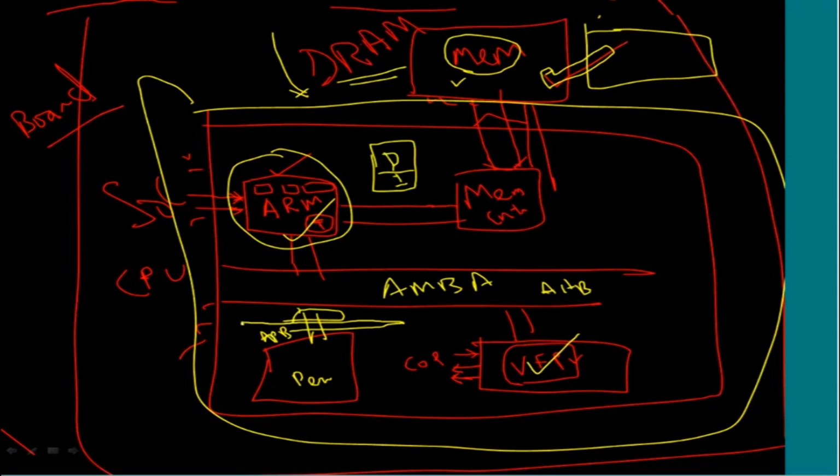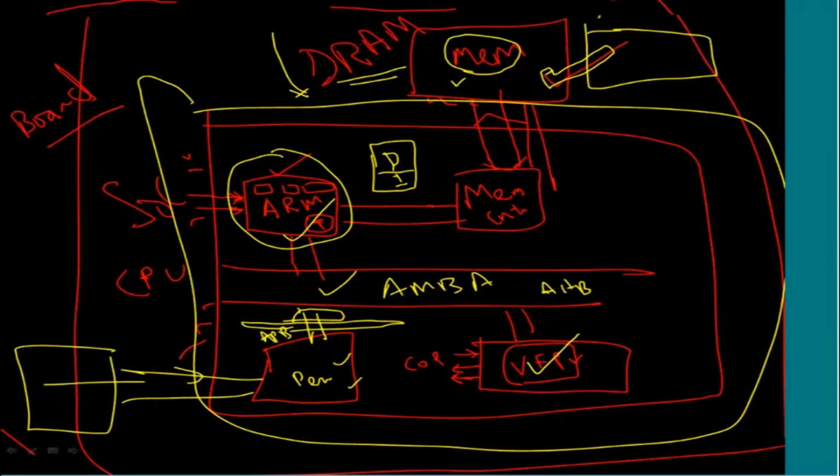So we will be covering these buses later on, and then we'll touch upon peripherals and see how different peripherals are connected outside with the chips. Some peripherals may be inside the chip, some may be outside, and then how they are all interfaced. We will talk about those things at the end of the course.